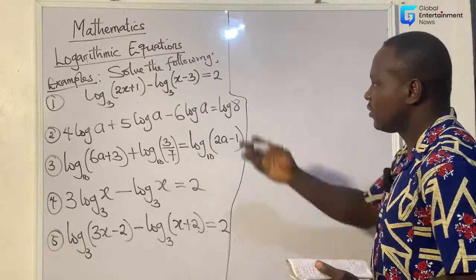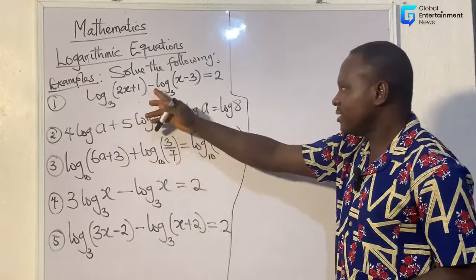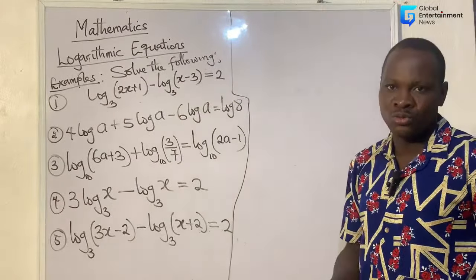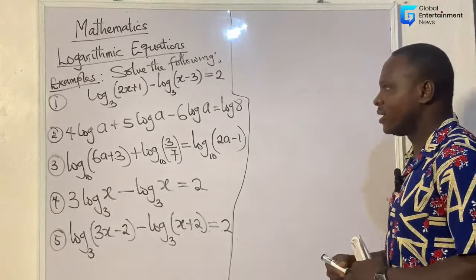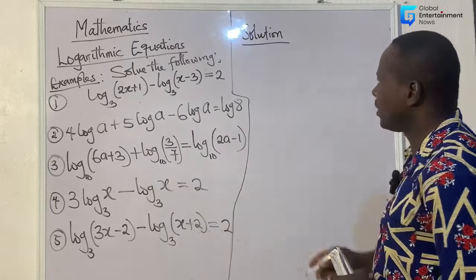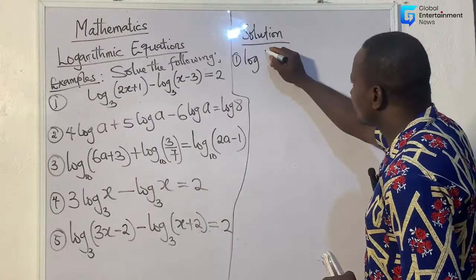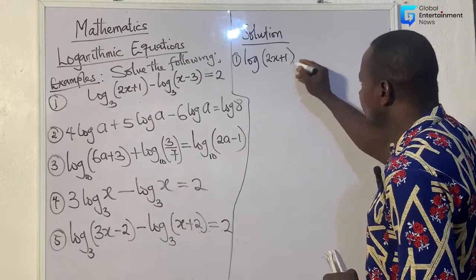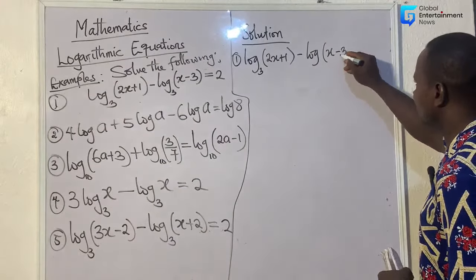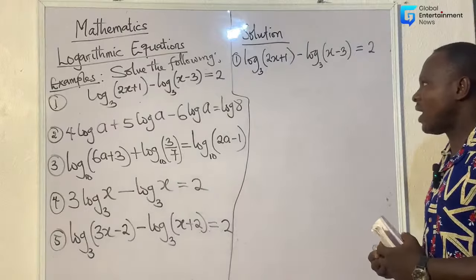The first one is log of (2x plus 1) base 3 minus log of (x minus 3) base 3 is equal to 2. Let's solve this question one by one. My slogan says for every question, for every problem, there must be a solution. Now, how do we solve this?